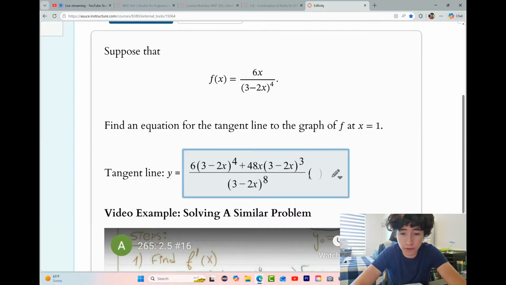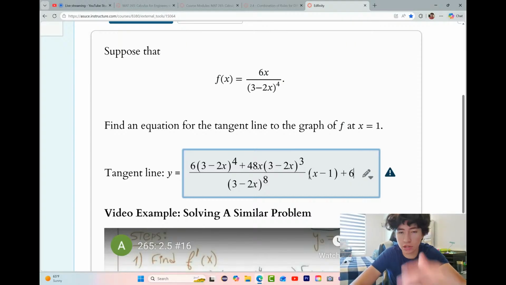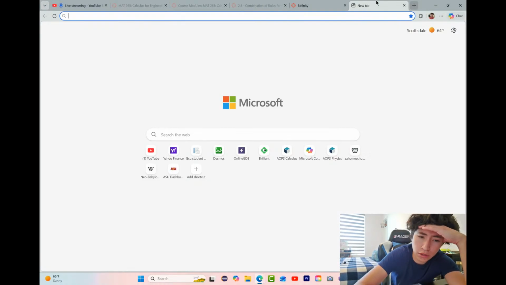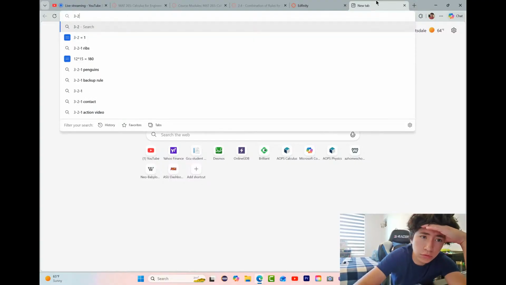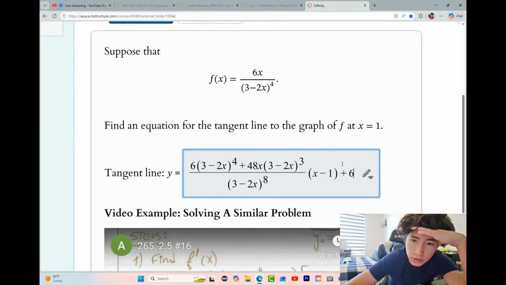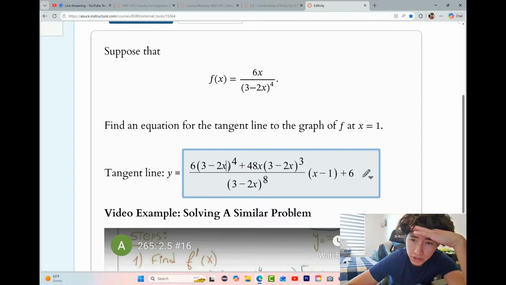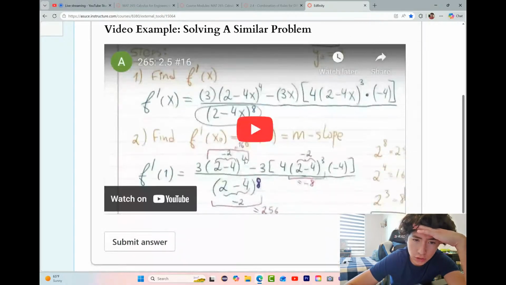So we then have x minus 1 plus y1, 6. 3 minus 2 is 1, right? 3 minus 2, 1, right. So, hold on. Tangent to the graph. Yeah, we literally replaced 1, dude. What's going on? Hold on. What did he do here?